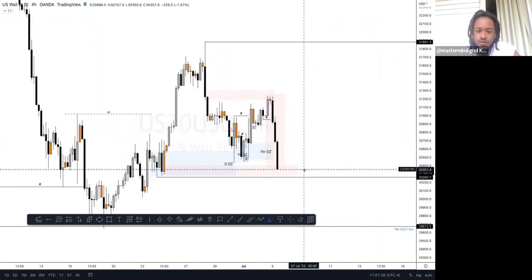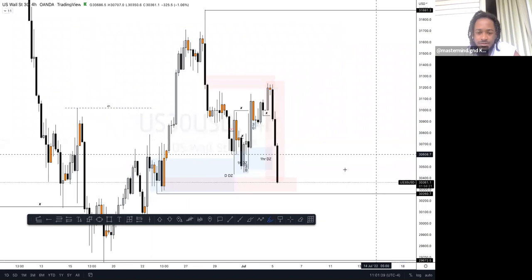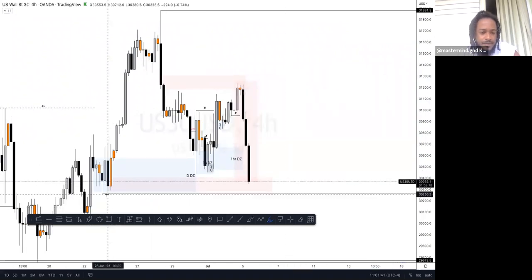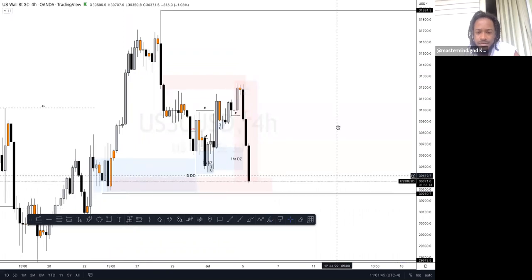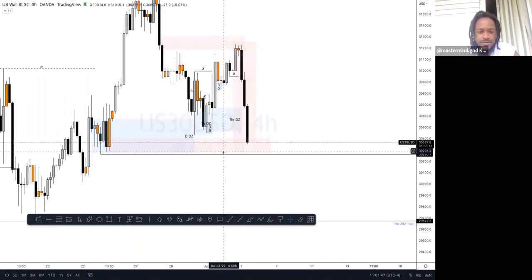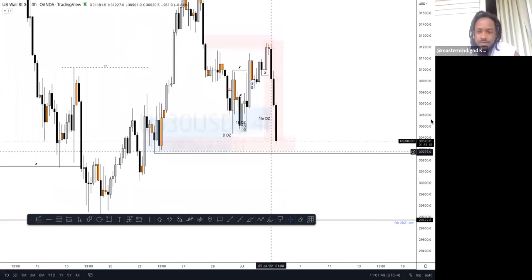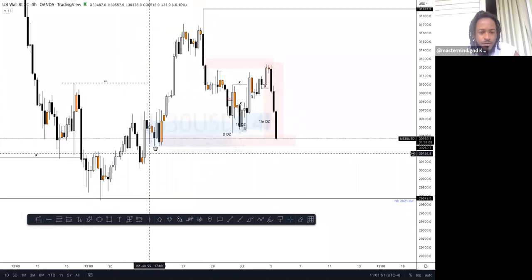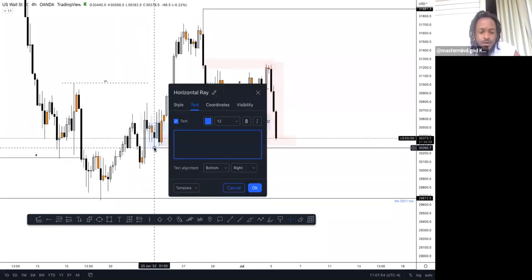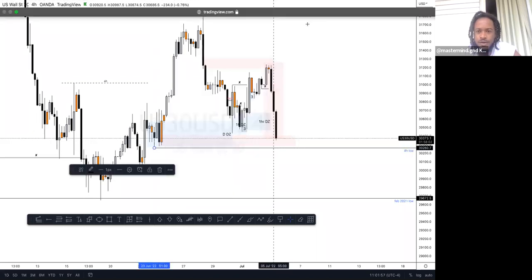All right. So it's still early in the week. If US30 breaks this low right here, then we could obviously expect it to continue to break the daily low, right? Because once it takes the 4 hour low, this would be the 4 hour low right here, right? And this would be the 4 hour high.